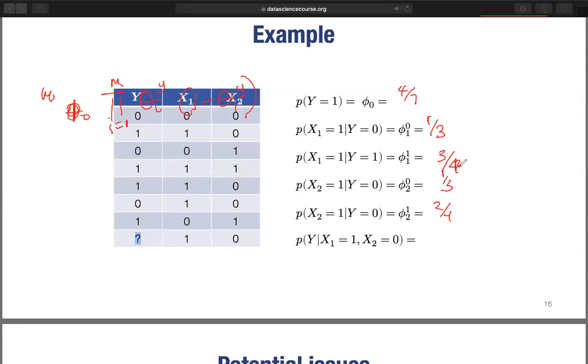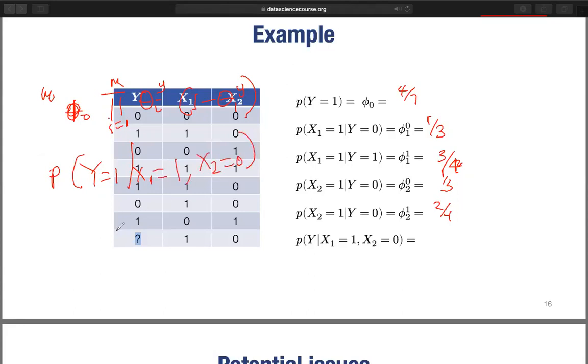Okay, so now we want to find this here. For us to find this, we have to find the probability P of y equals 1 given x1 equals 1 and x2 equals 0.